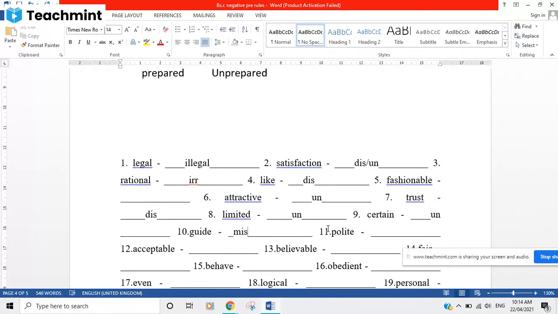Which negative prefix will you use before this word welcome? Yes, unwelcome.